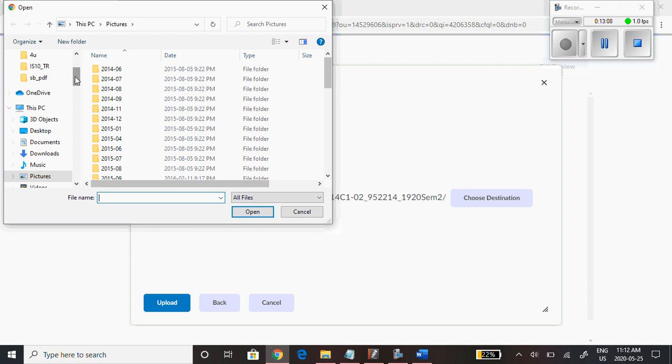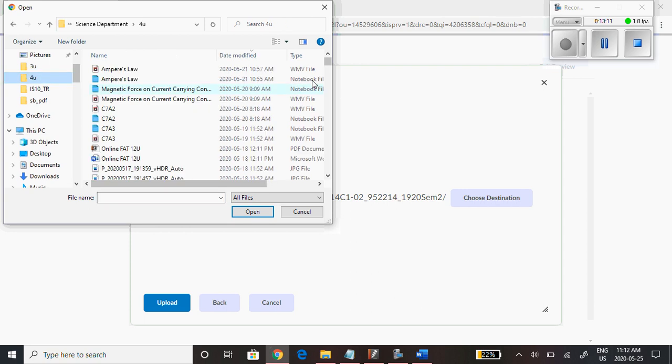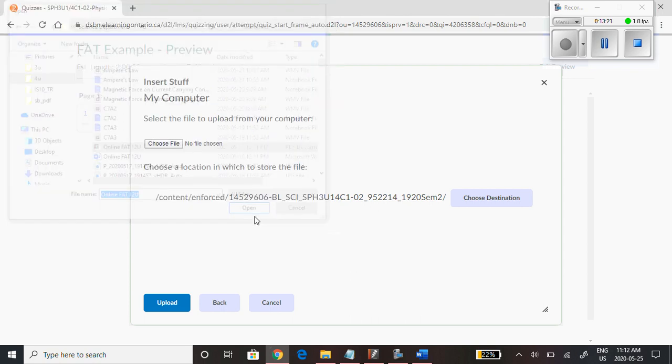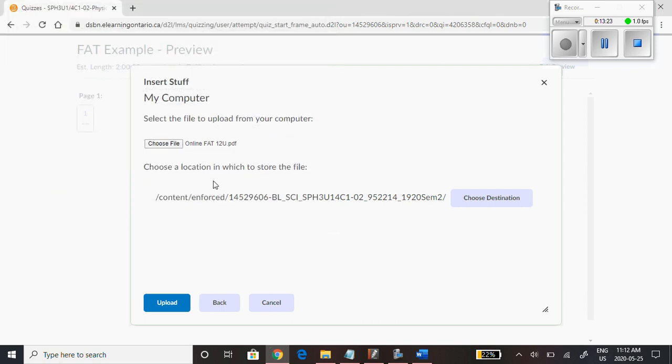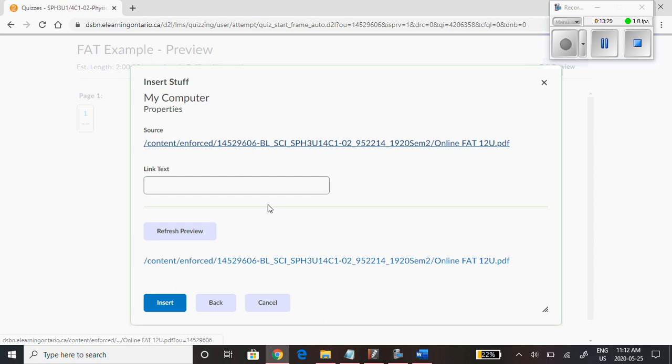Look, what can I find in here? It would be nice if it was in PDF format. That would really be nice. But if it's a picture, JPEG, PNG, that's fine. Okay, I'm going to open it. So there's the file. I'm going to upload it. And I'm going to put a text in there.